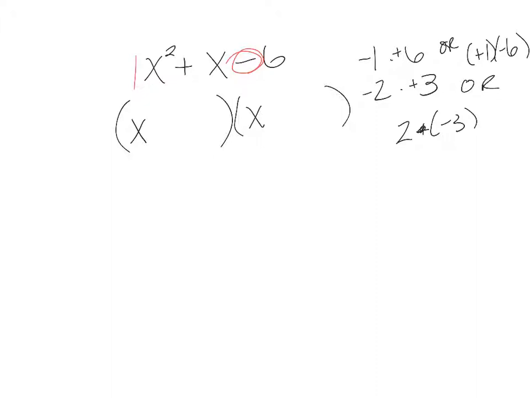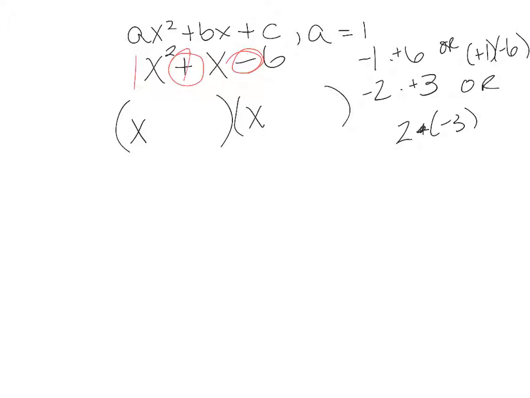Now I'm going to look at this right here. When I'm talking about ax squared plus bx plus c, my leading coefficient, my a value, is 1. I know that these factors of 6, by my multiplication, need to add up to 1 as a coefficient on x, and not only 1, but positive 1.